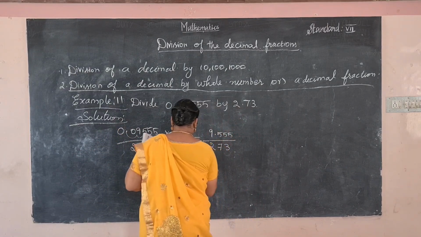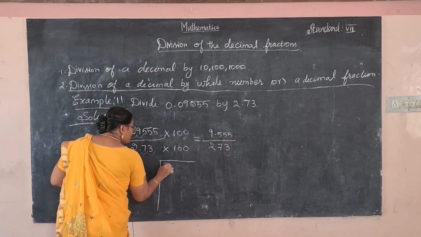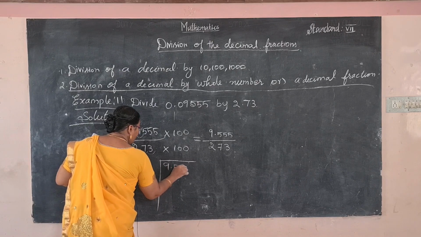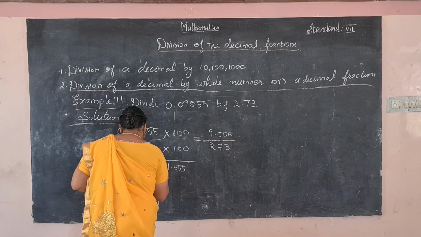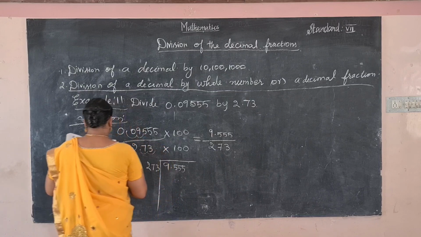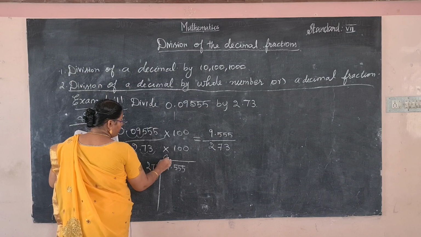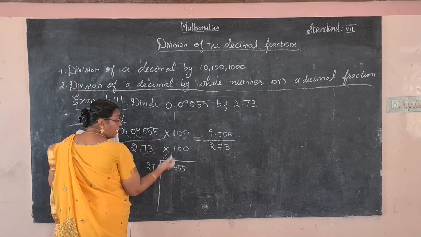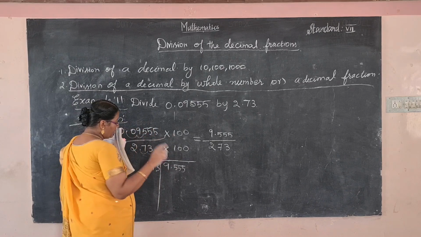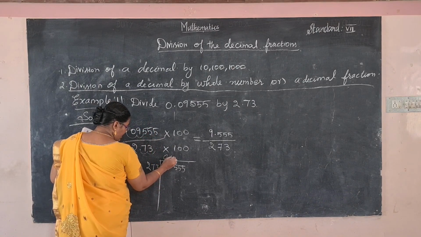Here the dividend is 9.555 and the divisor is 273. So first 9 is there. Is this possible? No. The first value is 9, it's not possible to divide, so in this place we add 0.